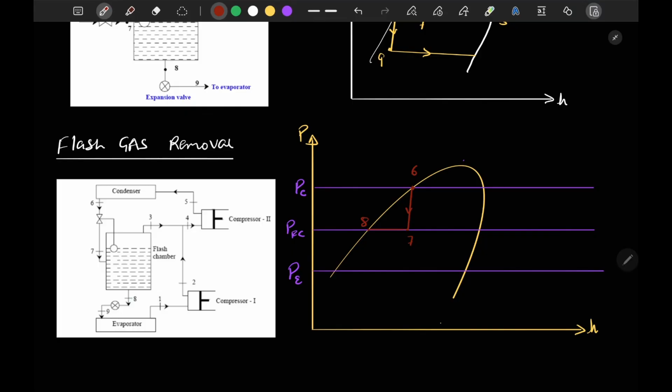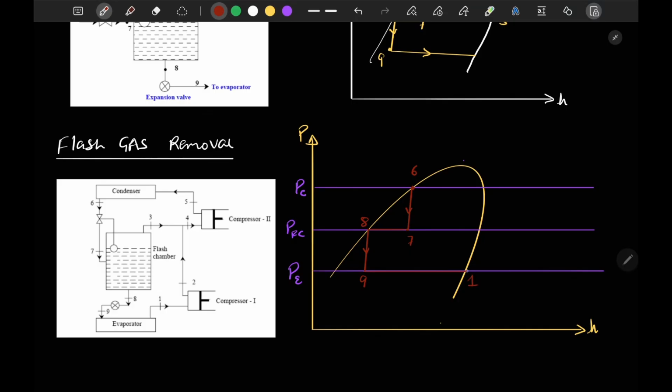From 8 we have again throttled it to point 9, after which it is sent to the evaporator and exits the evaporator at point 1.